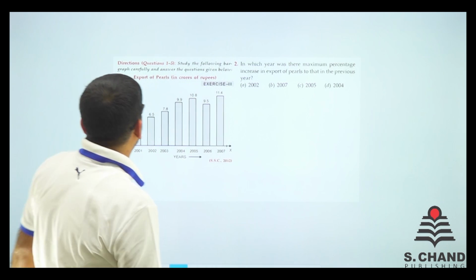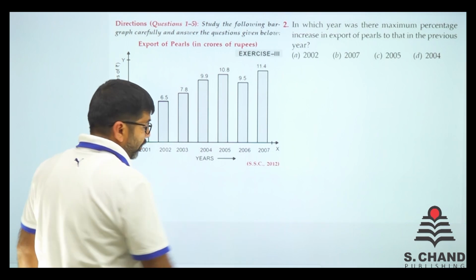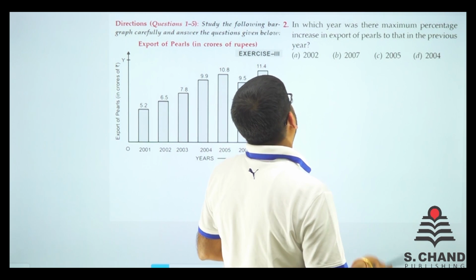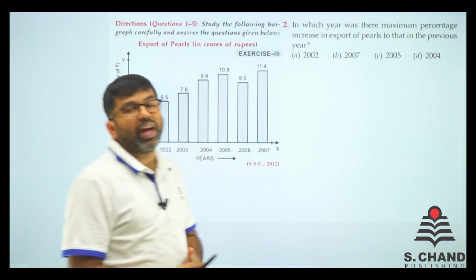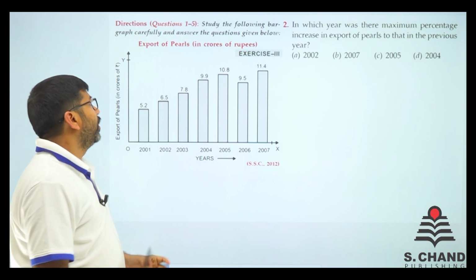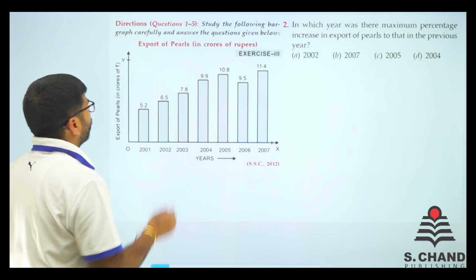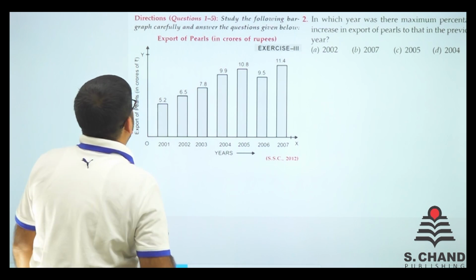Here we go. Question number 2 we have. What is asked? Let's see what is asked. In which year was the maximum percentage increase in export of the pearls compared to the previous year? Now it is a big question for you. You need to calculate the difference, right? So this difference is what? 6.5 minus 5.2.